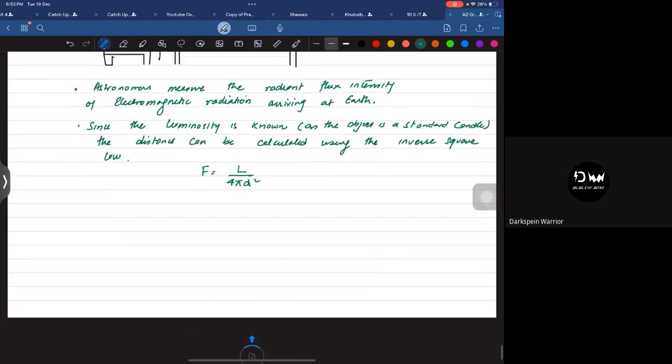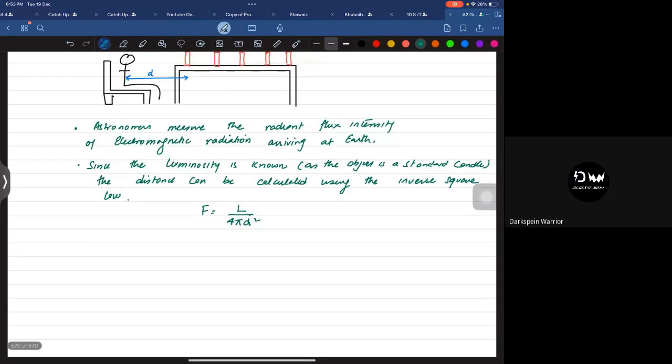The last thing we're going to do is this. A question that they may ask you is, what is a cosmic distance ladder? They will ask you this sentence actually.